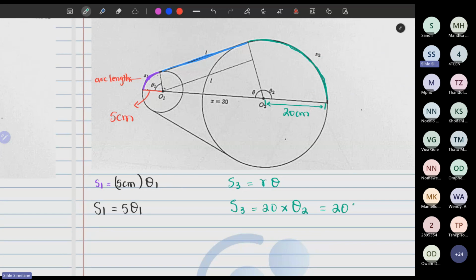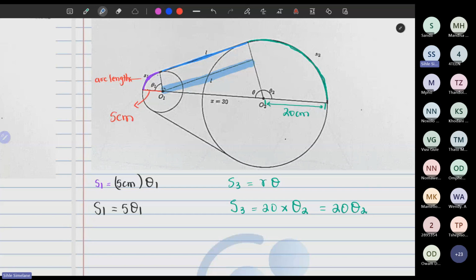So we'll say 20 theta 2. That would be our S3 section. And then what is left now is this portion here, which is that L.